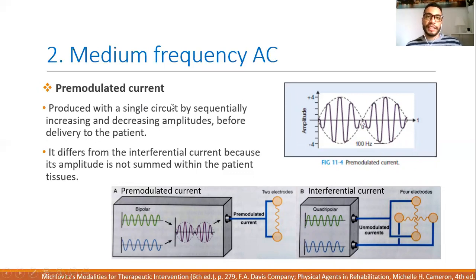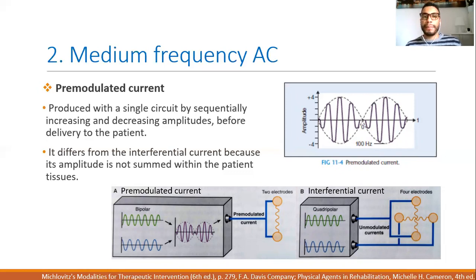What's the difference between pre-modulated current and interferential current? Apart from using only one circuit in the pre-modulated current, I showed you before that when we use 4 different electrodes, the alternating current is created within the patient's tissue.